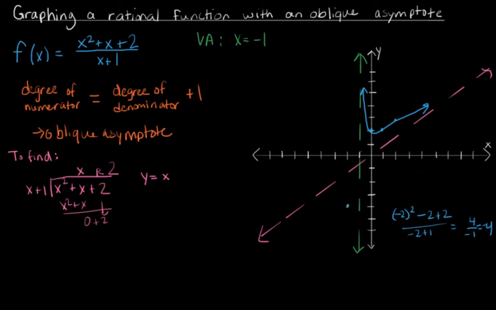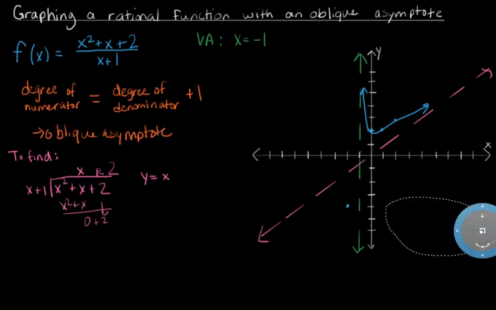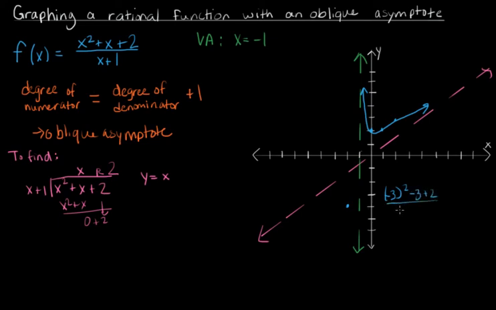Let's go ahead and graph -3. So for -3, we have -3 squared minus 3 plus 2 over -3 plus 1. So that's 9 minus 3 plus 2 over -2.